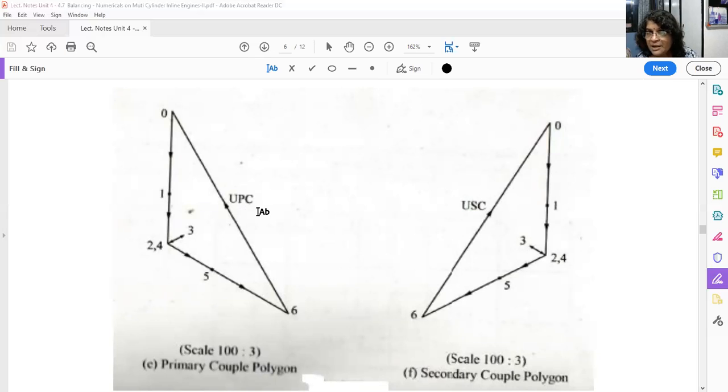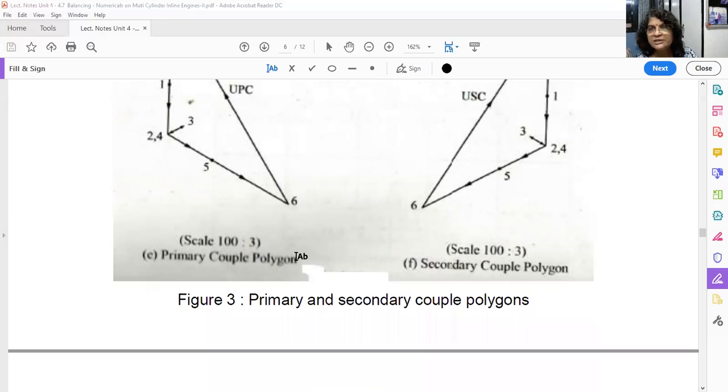Unbalanced primary couple, UPC. Join 6 to O. This is your unbalanced couple. This much couple you have to provide to balance the primary couple. Joining 6 to O gives you the magnitude and direction of the unbalanced couple. Measure the length of this vector 6O.